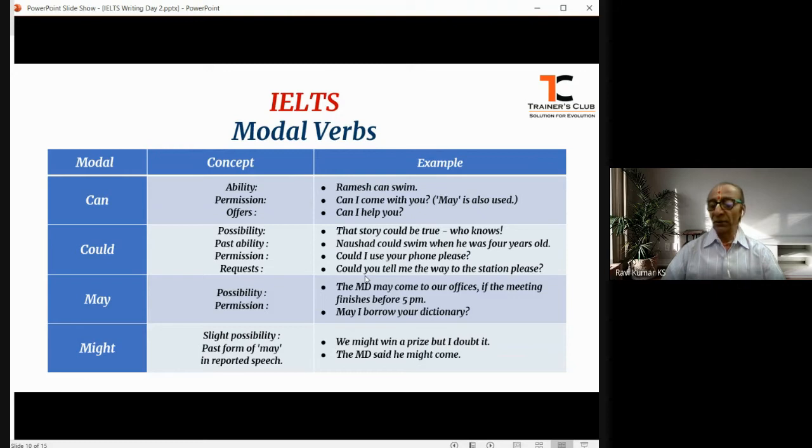So, can tells us about the ability of a person. If we have to tell about the ability of a person or an animal, whatsoever it is, of a noun, then can is used. That means Ramesh can swim. Megha cannot swim.